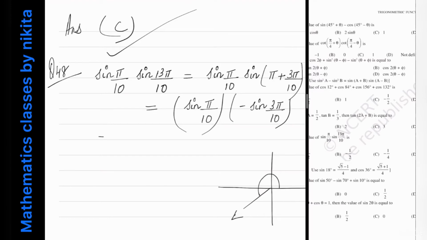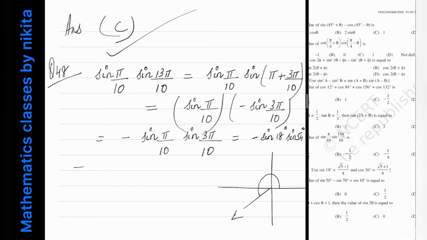Okay, so this will become what? Minus sine of pi by 10 into sine of 3 pi by 10, which is equal to, now pi by 10 means sine of 18 degrees and 3 pi by 10 means sine of 54 degrees.